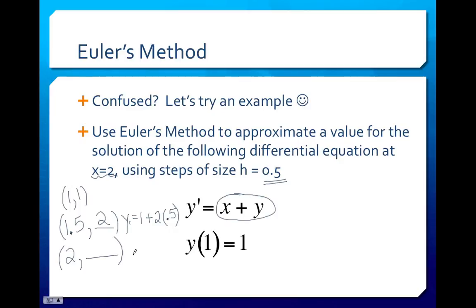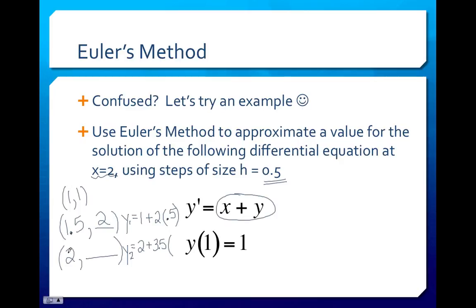I've completed one iteration. Now I need to complete the second iteration. y2 is going to equal my previous y value, 2, plus the slope based on my previous point. Now this is my previous point, and x plus y is now going to be 3.5.